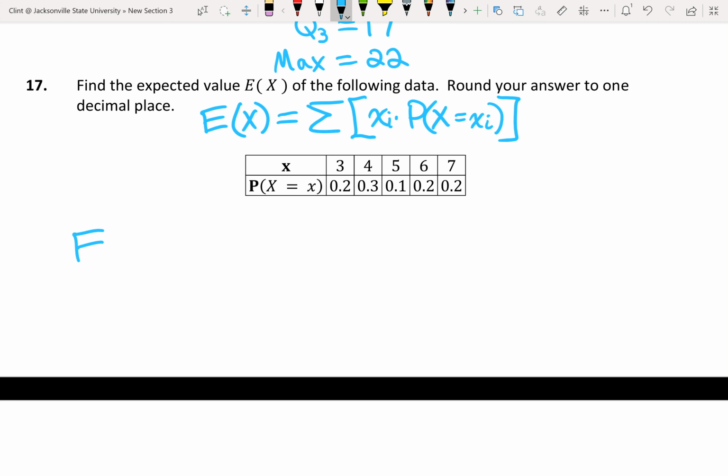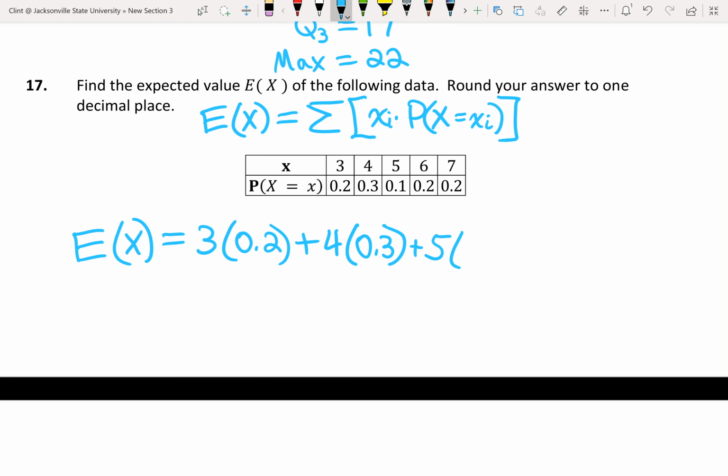Okay? So all we're going to do to get expected values, we're going to take each outcome. My first one is 3, multiply it by its probability, 0.2, plus my next outcome of 4 times its probability of 0.3. We just keep doing this for all of them. So plus 5 times 0.1, plus 6 times 0.2, plus 7 times 0.2.